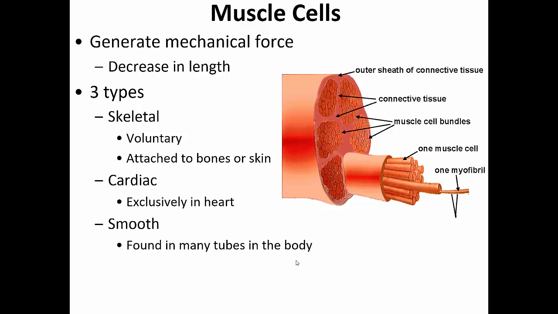If we go to the last type of muscle cell, we see that we have smooth muscles. Smooth muscle cells are common in many of the tubules of the body. Blood vessels and our airways are examples of such tubes. And smooth muscle cells are not under voluntary control, as we well know, and they're also not striated.